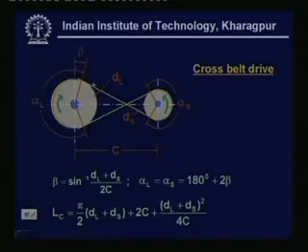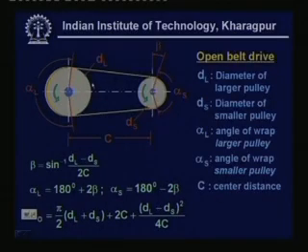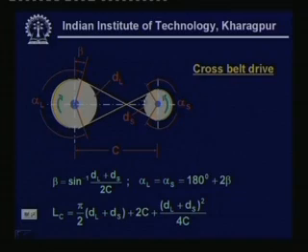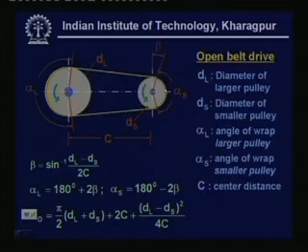Now, if you look at the open belt drive, one situation you can see is that whenever you are considering this open belt drive, then the direction of rotation of the pulley, if we consider in this direction, then the other pulley also moves in the same direction, means if it is rotating from the top in an anti-clockwise rotation, then this is also having an anti-clockwise rotation.